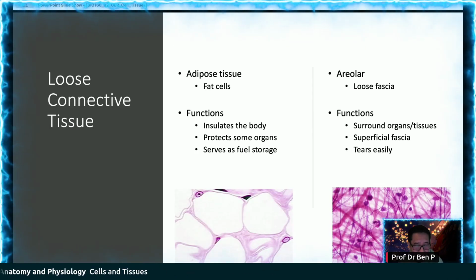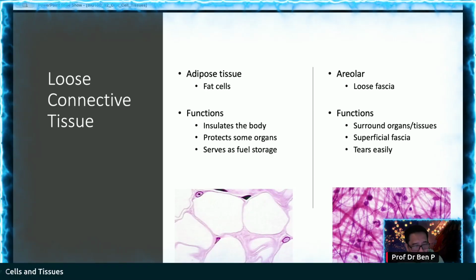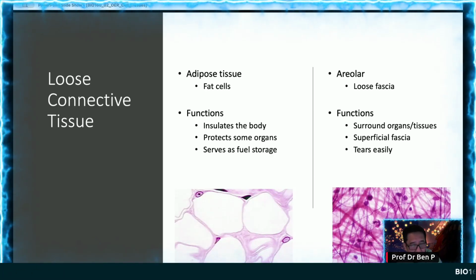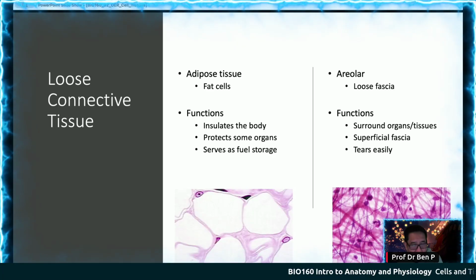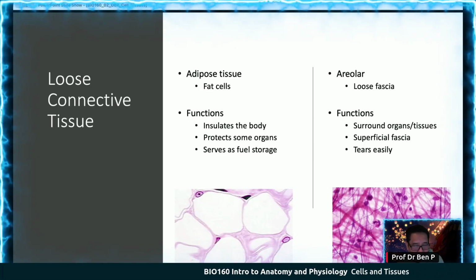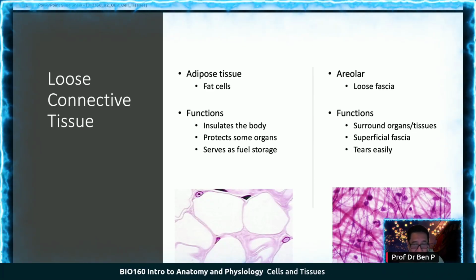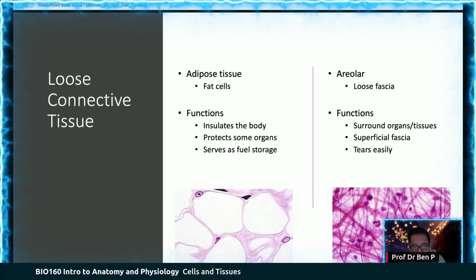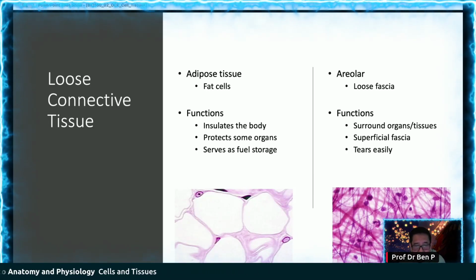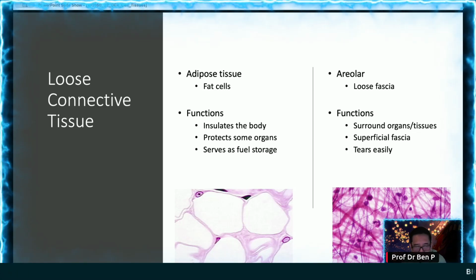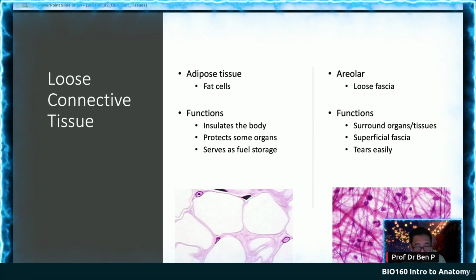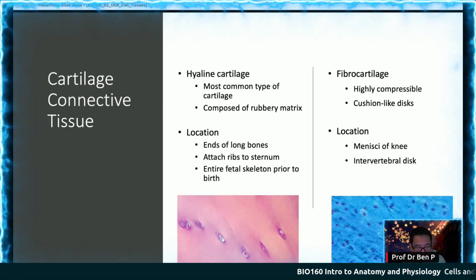Think of those packing peanuts that you put in your packages to prevent things from moving. So think of areolar that way. It's just tissue to fill in the space. It tears pretty easily, but it's there to make sure things don't move.